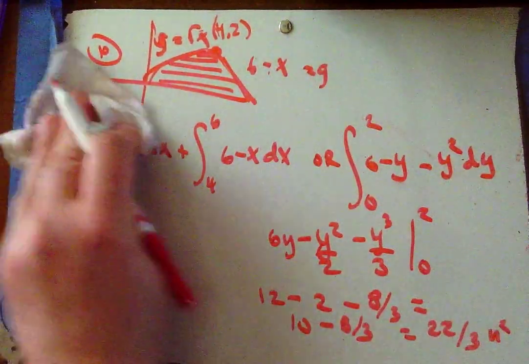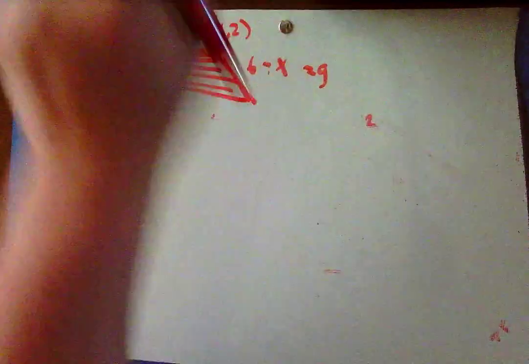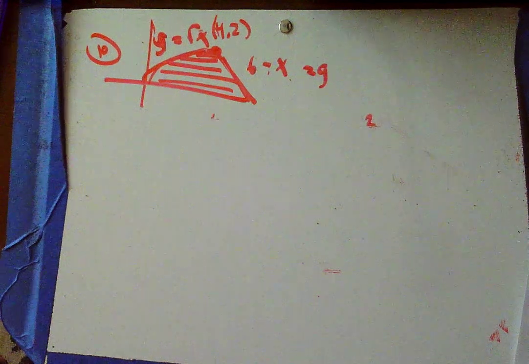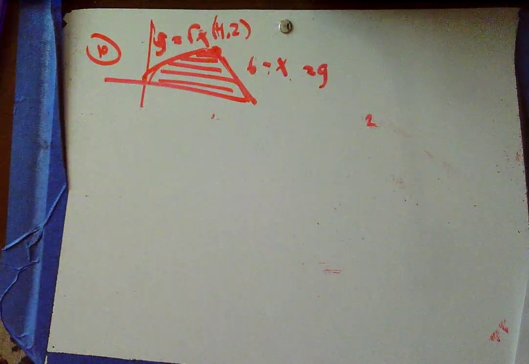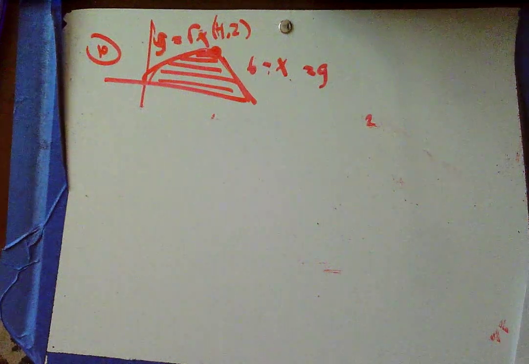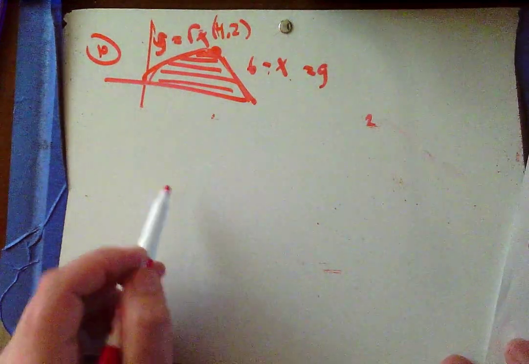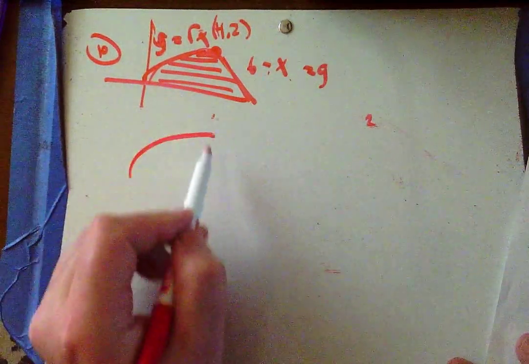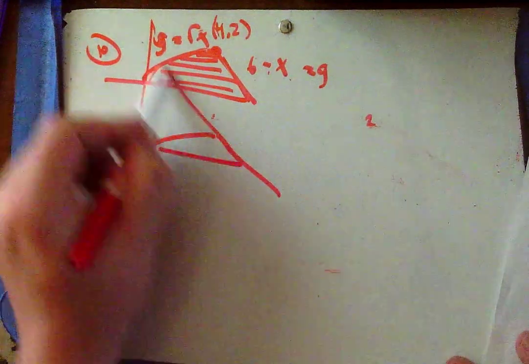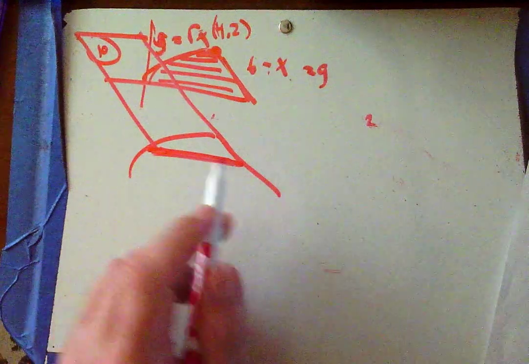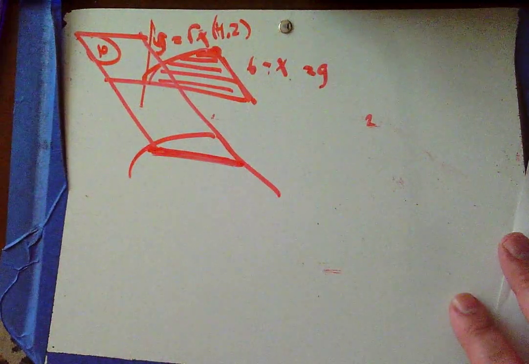Okay, part B. Part B says the region R is the base of a solid, and for each y, the cross section of the solid perpendicular to the y-axis is a rectangle. So now we're building rectangles where right minus left is the base of that rectangle.